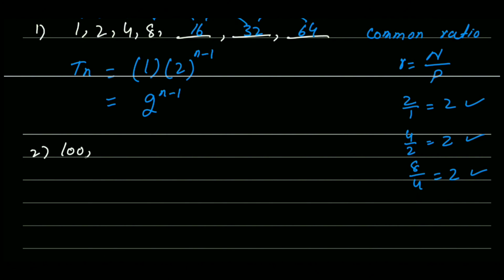If 100, 10, 1, 0.1, what will be the next terms? So we can easily judge from the sequence that it is an exponential sequence. How? If we use the formula of ratio, ratio is equal to next over previous, 10 by 100, it is 1 by 10.